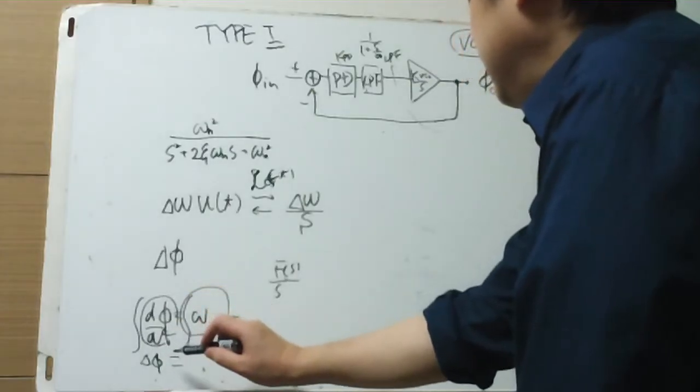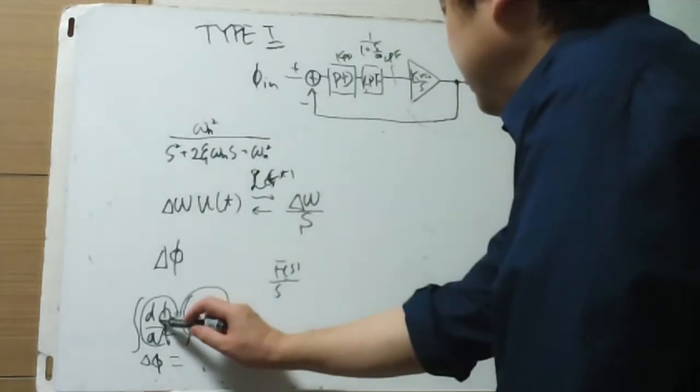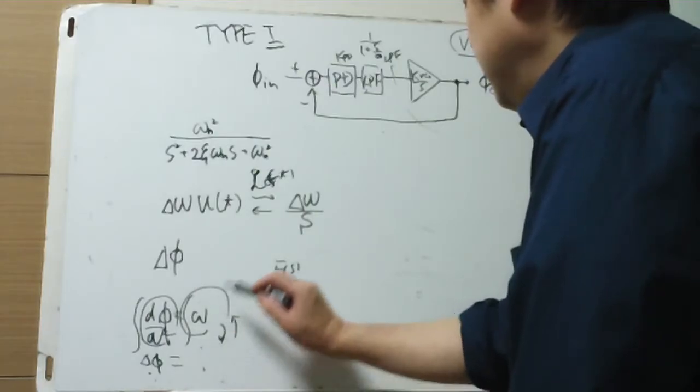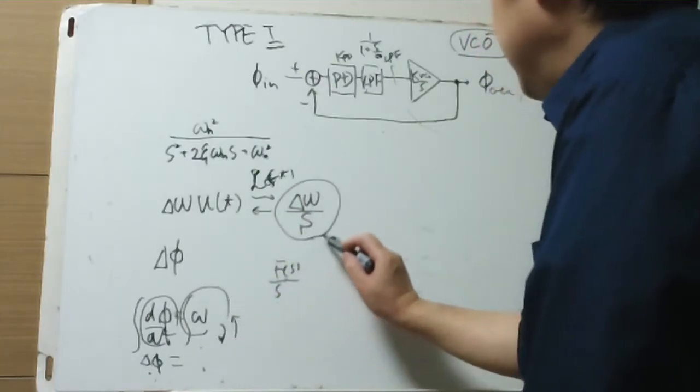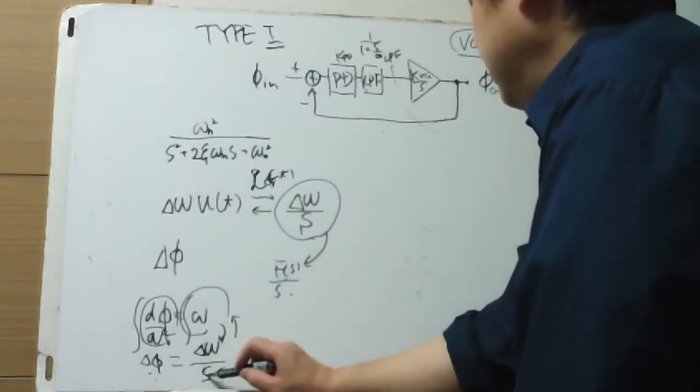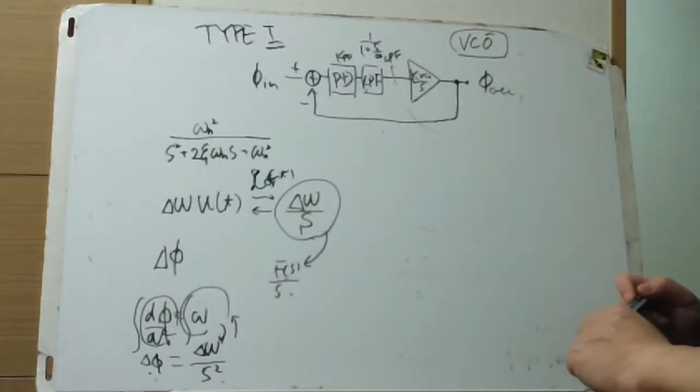D phi/dt integrated to delta phi is this F(s) divided by s, equals delta omega over s squared.